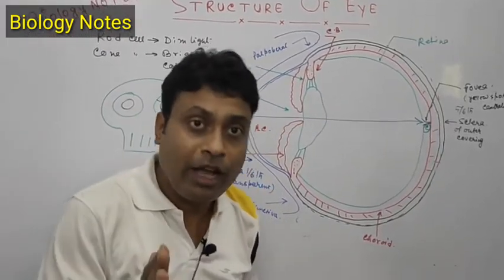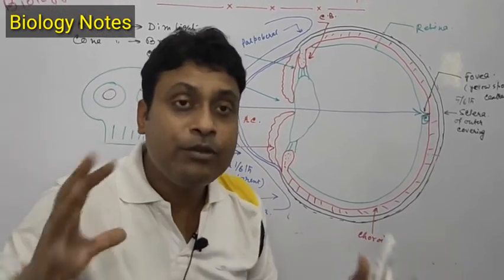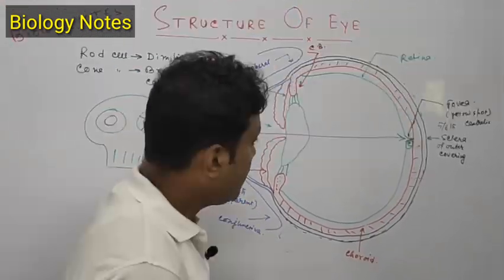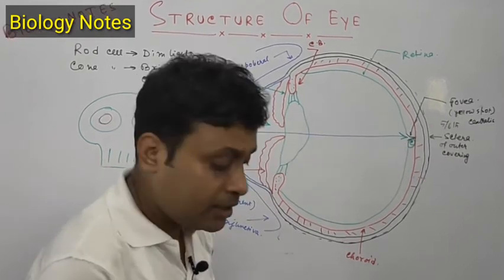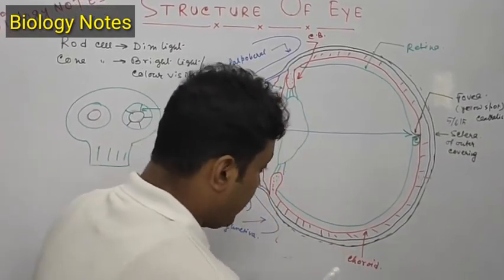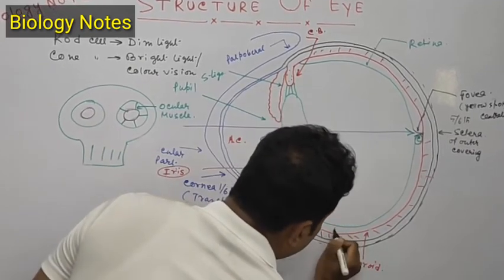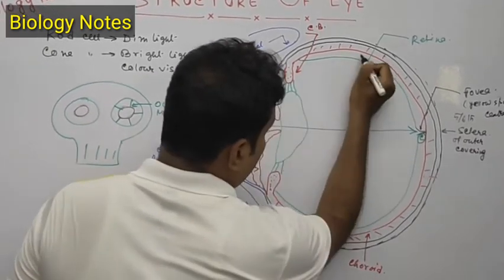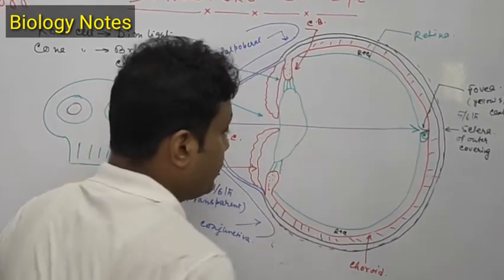So the fovea contains a huge amount of cone cells. In the other parts of the retina, the rod and cone cells are equally distributed.